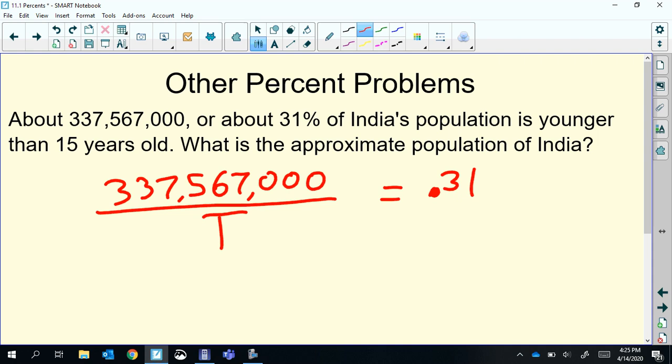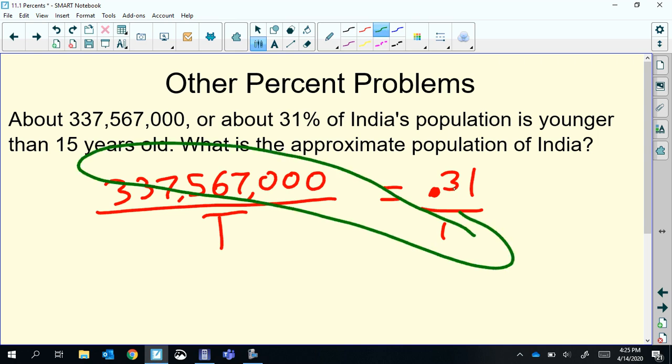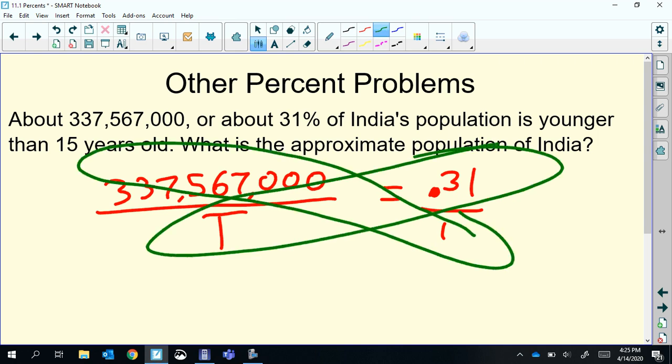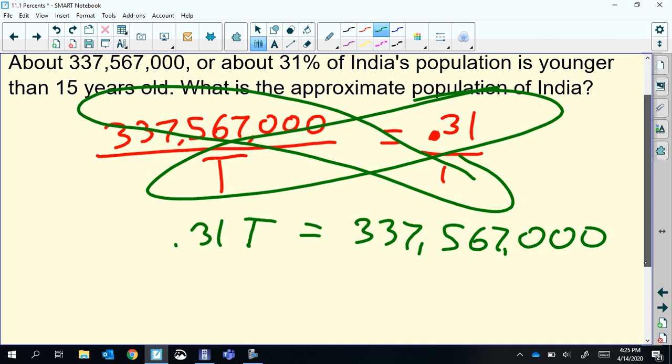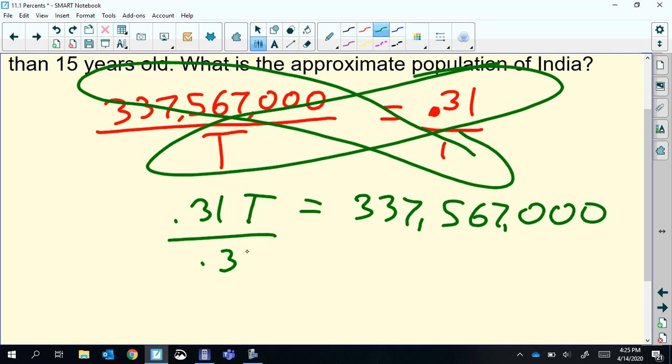So to solve this, you can say this is over 1, and then you're really just cross-multiplying. So that's 0.31t equals 337,567. And then we would divide by 0.31.